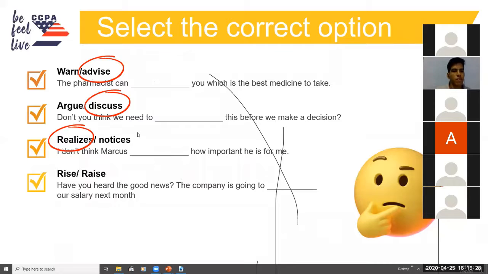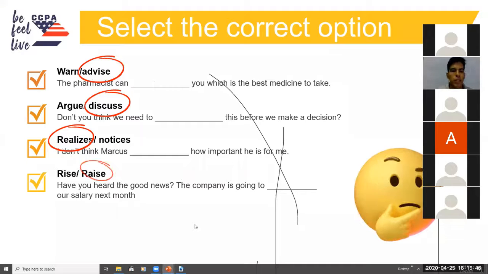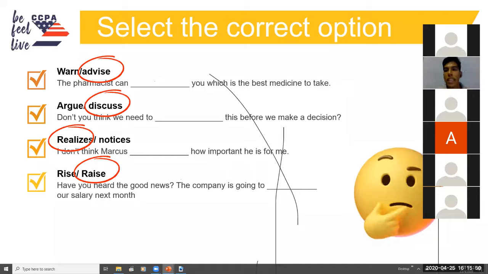Have you heard the good news? The company is going to raise our salary next month. Rise? Remember, rise is to go up, but the company will do it. So is it raise in this case? Correct, because the company will do it. If we say the salary will rise, it's a possibility, but in this case, the company will do it.